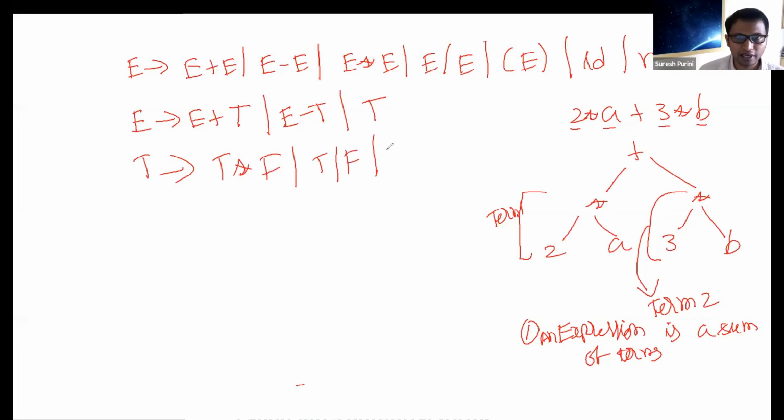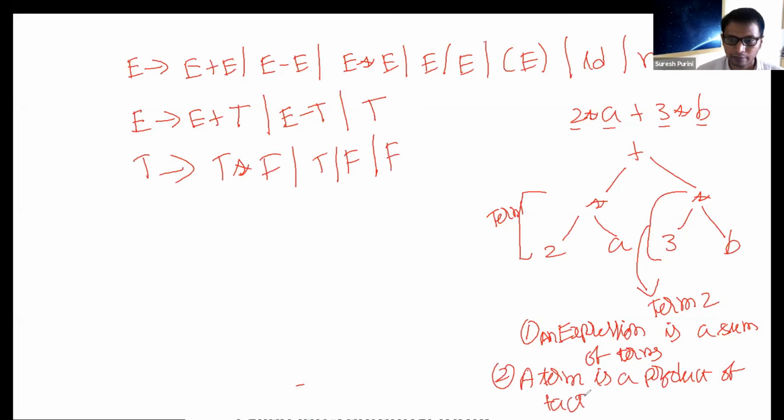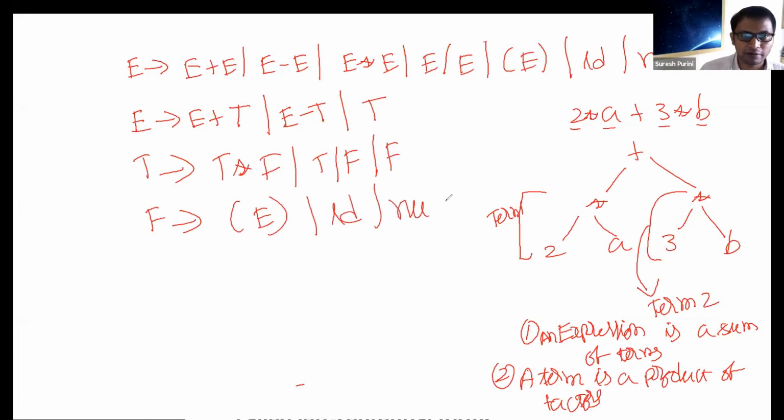Or it can be a factor. And what is a factor? A factor is an atomic entity. A factor is an expression within parentheses, or an identifier, or a number.